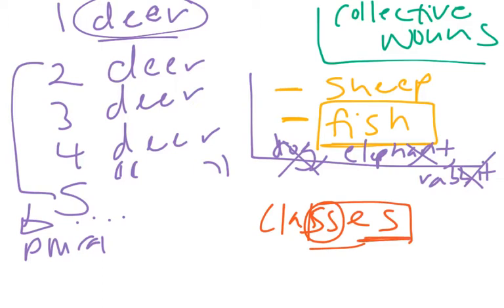For example, the word cage, we add on just an s. But another example where we would add on es would be the word dresses.